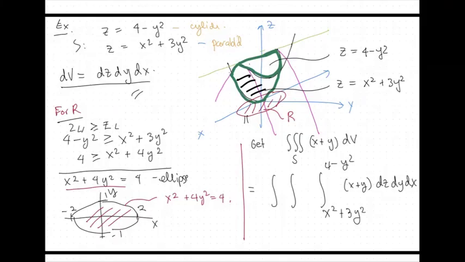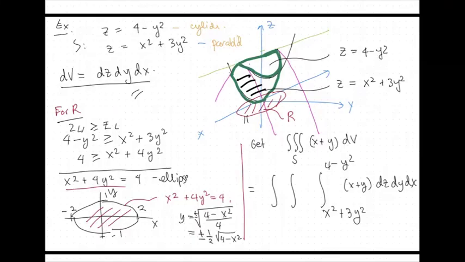And here we want to solve y in terms of x. So y in terms of x is, so y here is just the square root of 4 minus x squared, over 4. So this is plus and minus: 1/2 plus and minus 1/2 square root of 4 minus x squared.